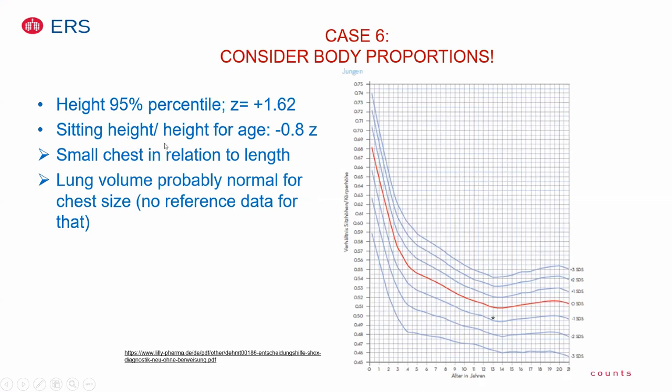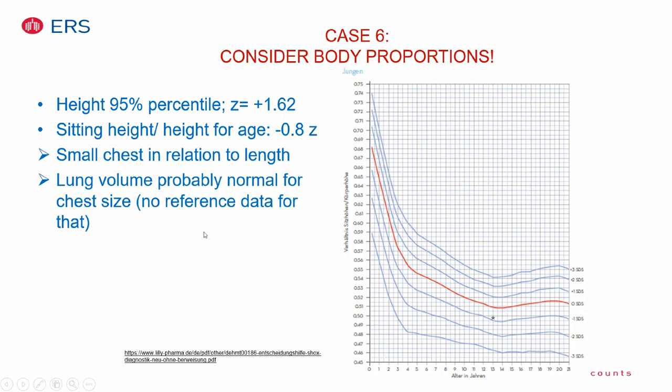And there are some normative values for a ratio of sitting height divided by standing height. And if you plot his torso length against a standing length, including the legs, then you find him below the 50th percentile, or Z-score of 0, while his standing height is in the upper range.